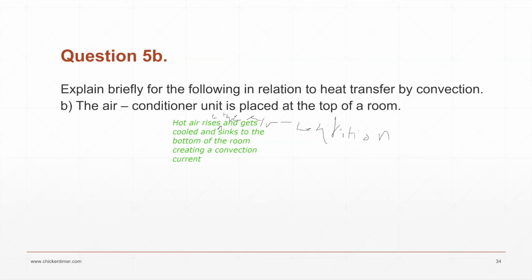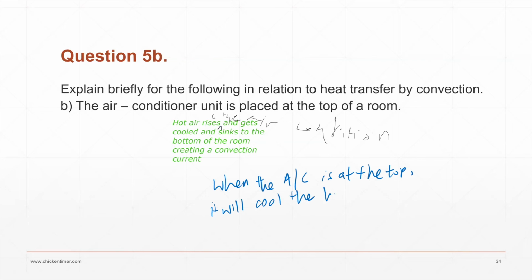So the air conditioner unit, so hot air rises, okay. So the hot air rises, full stop, when the AC unit is placed at the top, it will cool the hot air.